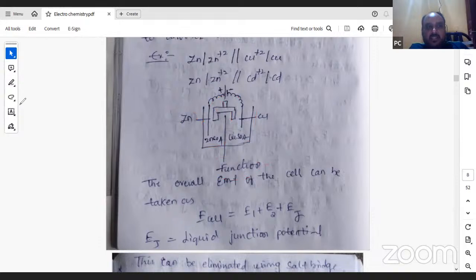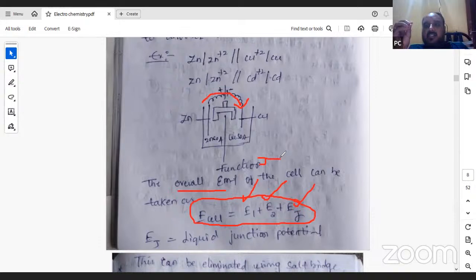So in that direct transfer, the electrons are transferred from zinc to copper. Therefore, the overall EMF of the cell can be written as E cell equals E1 plus E2 plus EJ. E1 is applicable for the zinc electrode, E2 is applicable for the copper electrode, and EJ is applicable for the junction.